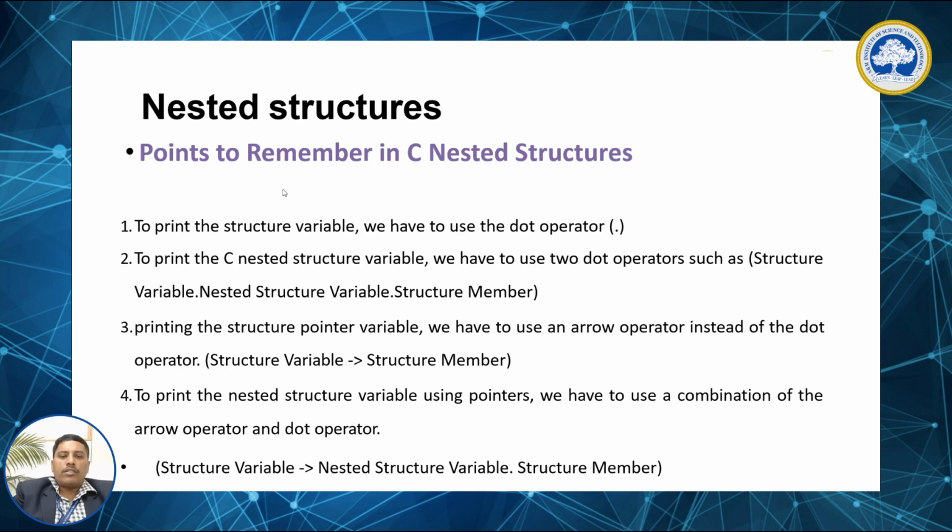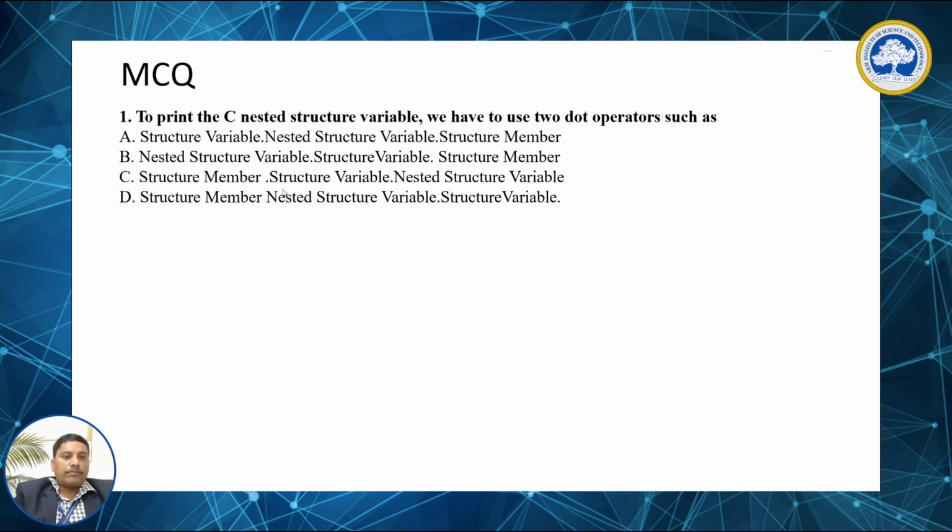To print the nested structure variable using a pointer, we have to use a combination of arrow operator and dot operator: for the outer structure we use the structure pointer with the arrow, then for the inner structure we use the dot operator. These are the points to remember when using nested structures in C programming.